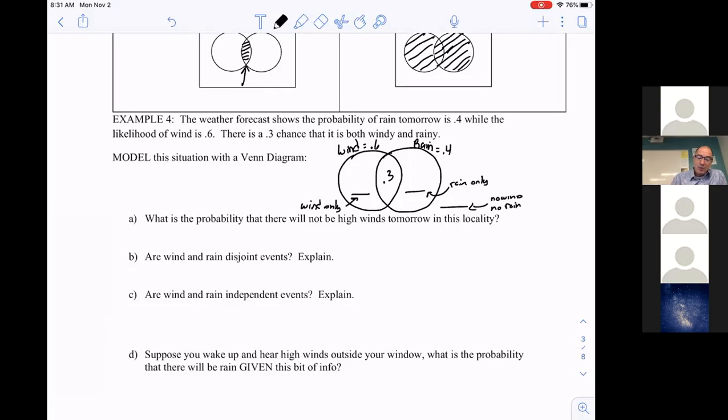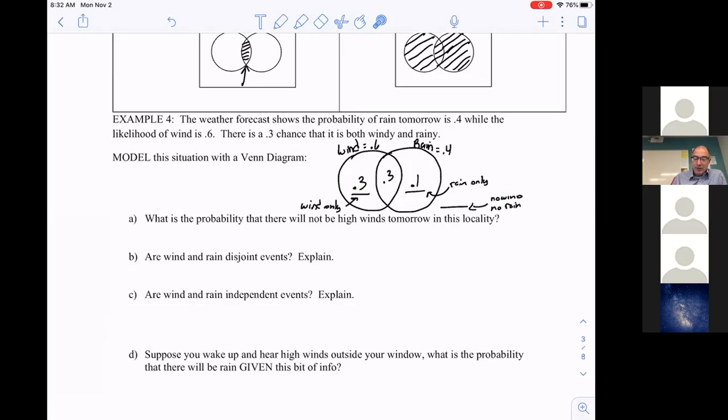We know that this circle is 60%. However, we have 30% already used up in the intersection. So if we take 0.6 minus 0.3, we get another 0.3 there. If we take 0.4 minus 0.3, that means we have a 10% chance of rain only. Now it's figuring out what is out here in the no wind and no rain.